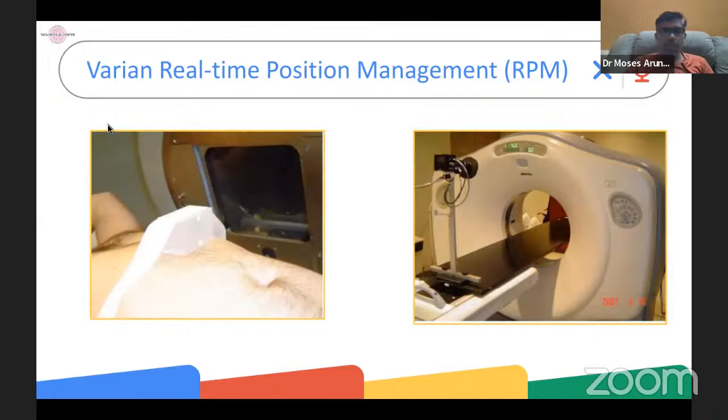A little bit more in detail about the Varian RPM, which is what we use in our department. This contraption has a simple plastic box with a few reflector dots on it, which is usually kept on the abdominal wall midway between the xiphoid process and the umbilicus.